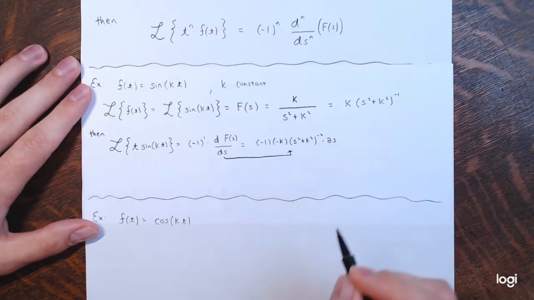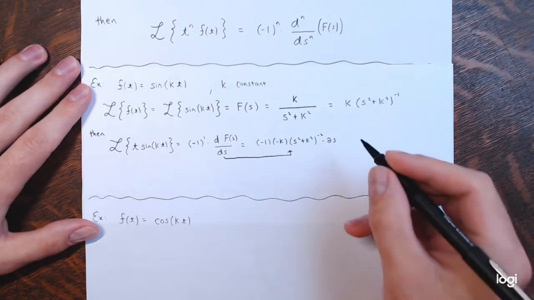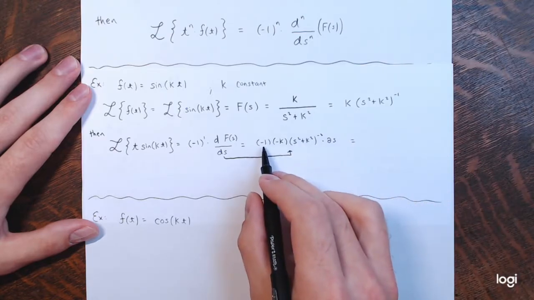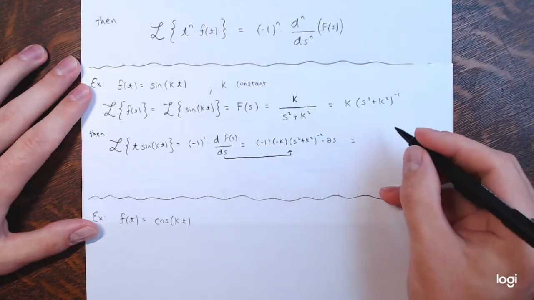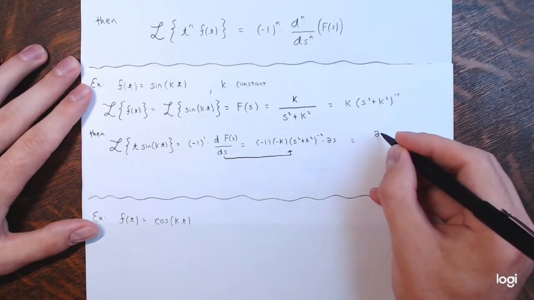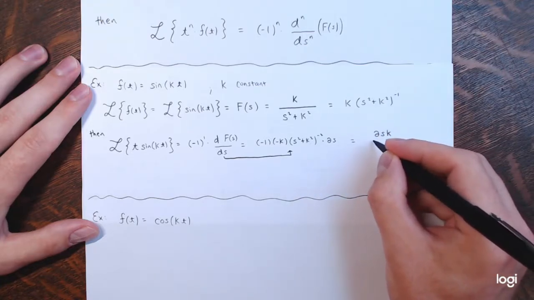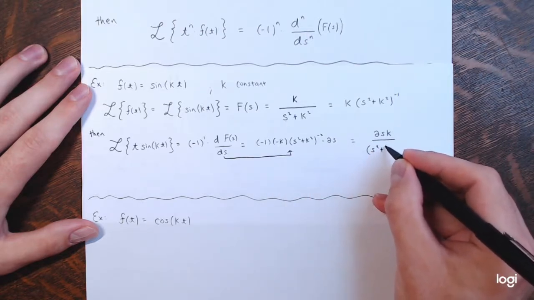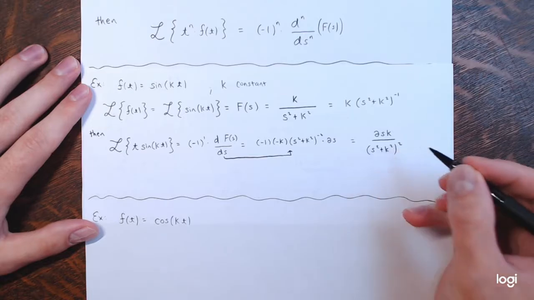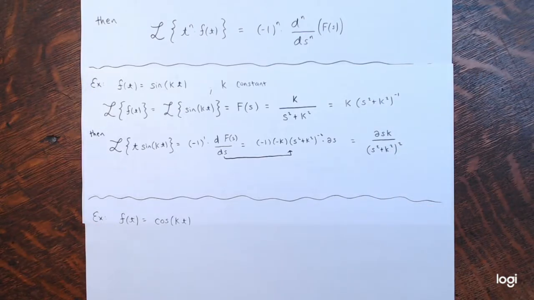Remember, k is going to be a constant here. So if I wanted to rewrite this, this would be positive k times 2s. So this would be 2sk in the numerator divided by the quantity s squared plus k squared, squared, in the denominator.